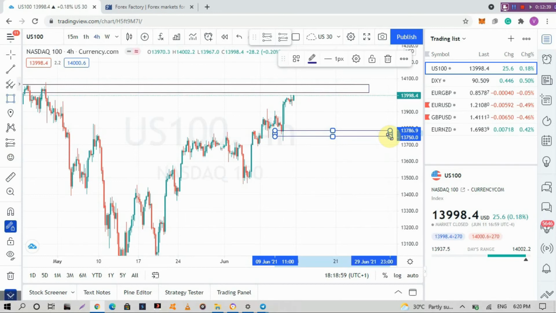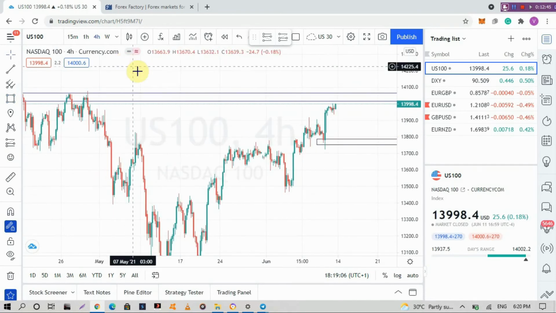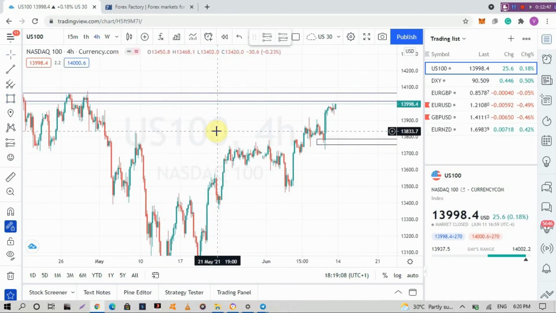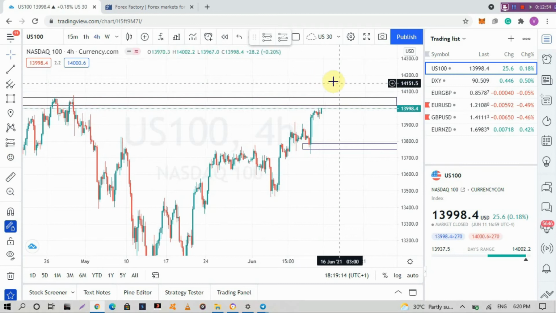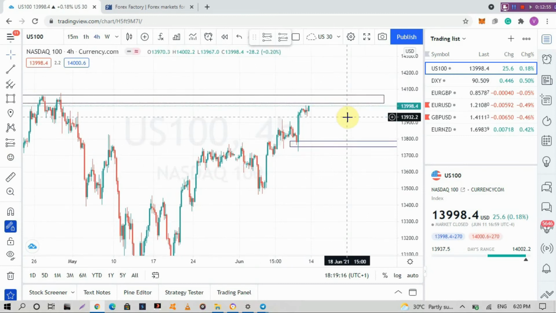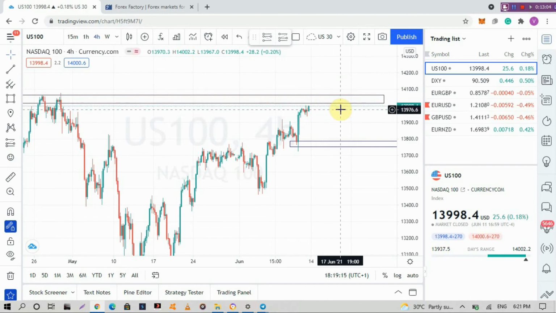Once I see it, I look for chart patterns as confirmations on a smaller time frame. I go to my M15, M30, and look for chart patterns that might form, maybe my double tops, as confirmations, or maybe also candlestick confirmations. Maybe I see a shooting star as a confirmation, then I might want to take this trade.